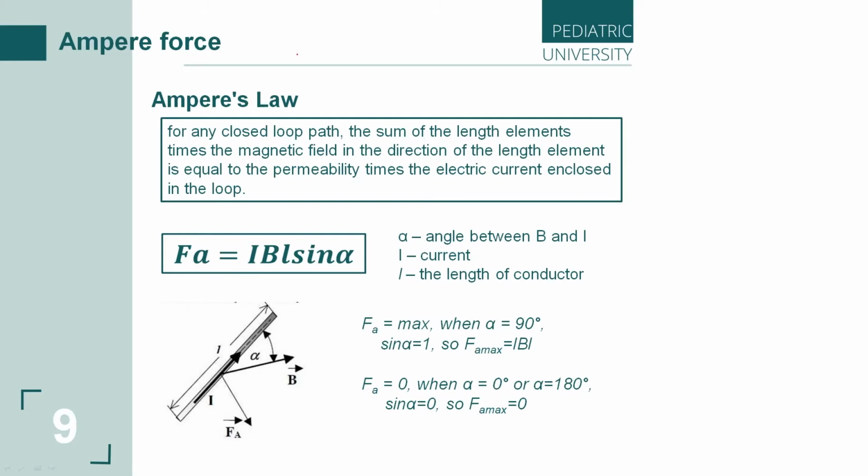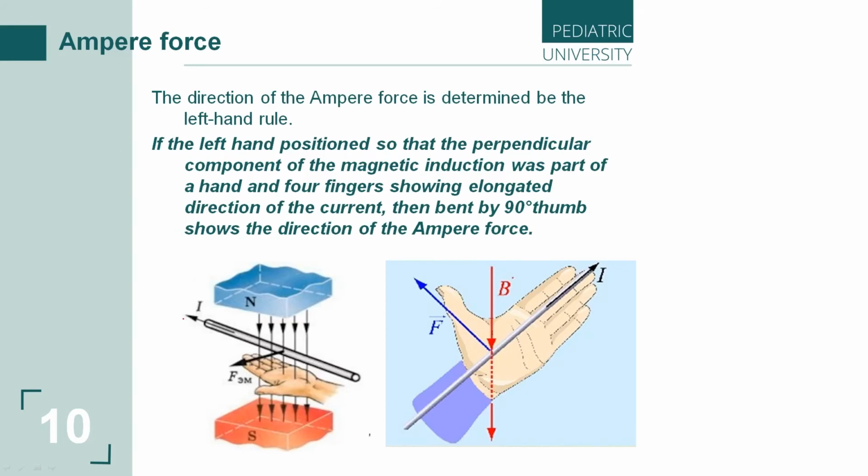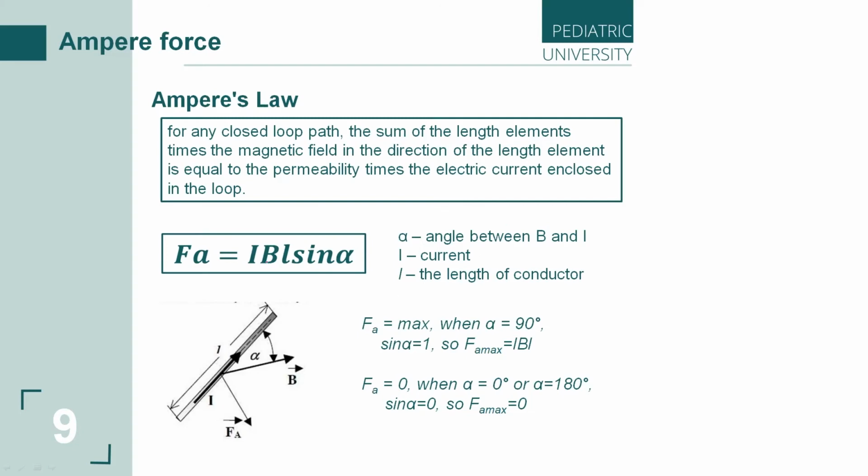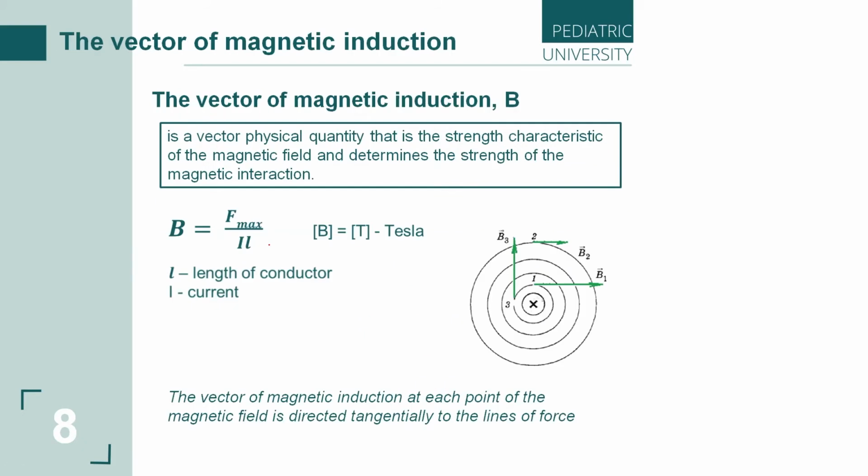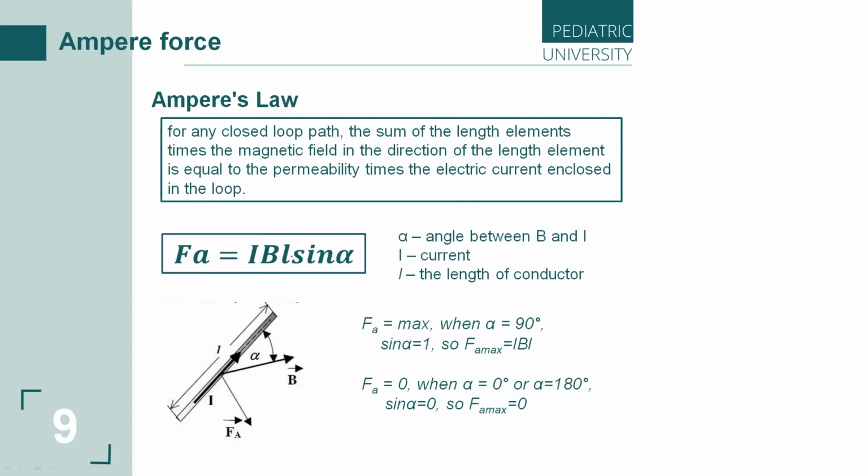How can we calculate our ampere force? What do we have? We have a current, we have the vector of magnetic induction, and what else? We have the length of our conductor. So we should multiply the current by the length of the conductor by B. Again, B is the vector of magnetic induction, and we should multiply it by sine alpha.